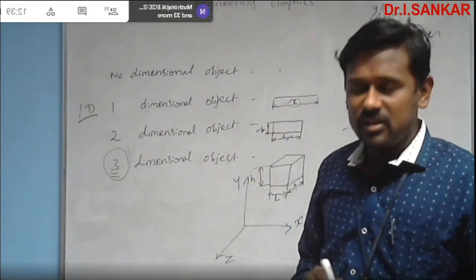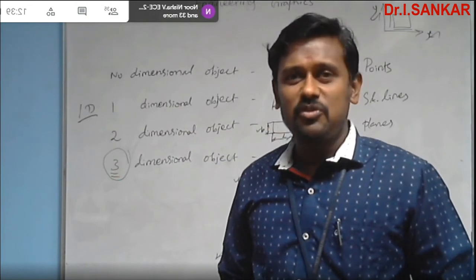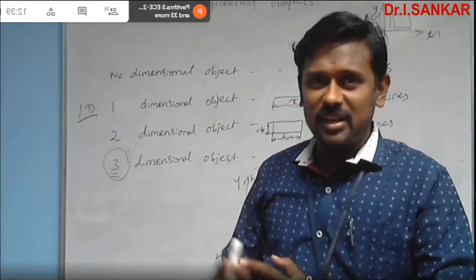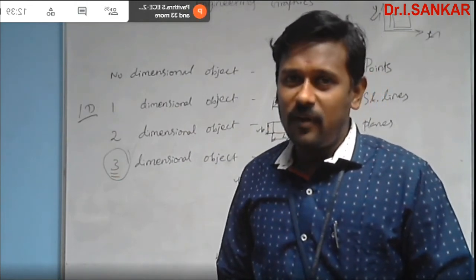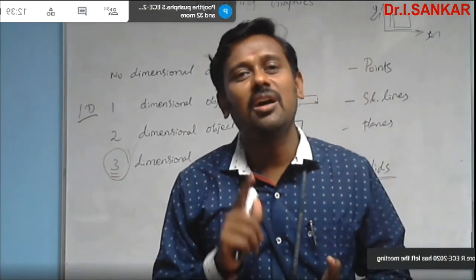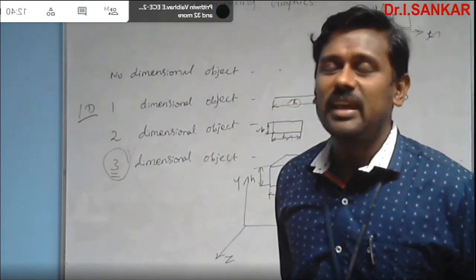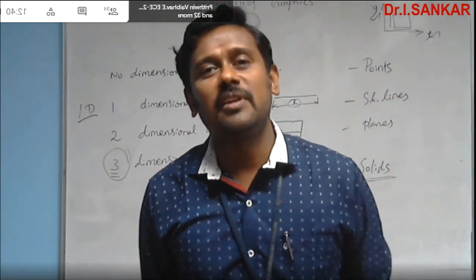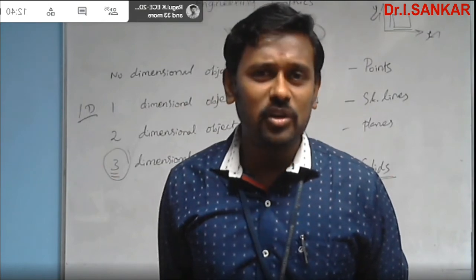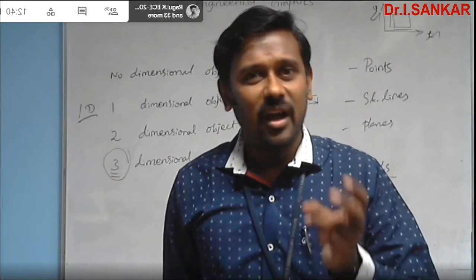So in our engineering graphics, we are going to draw the front and top views. That is, we are going to project and obtain the views for all these no dimension, single dimension, two dimension and three dimensional objects in each chapter. In this second unit, we are going to deal with the projections of points, straight lines and planes.